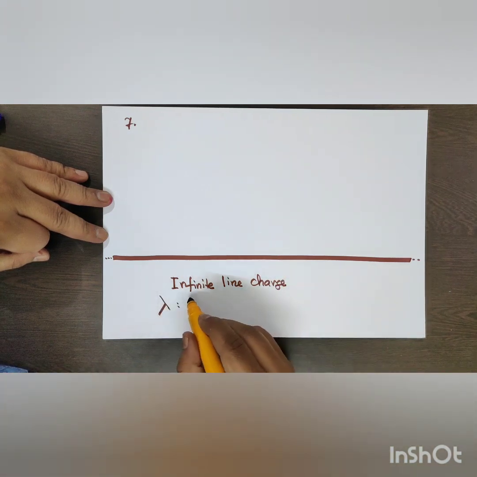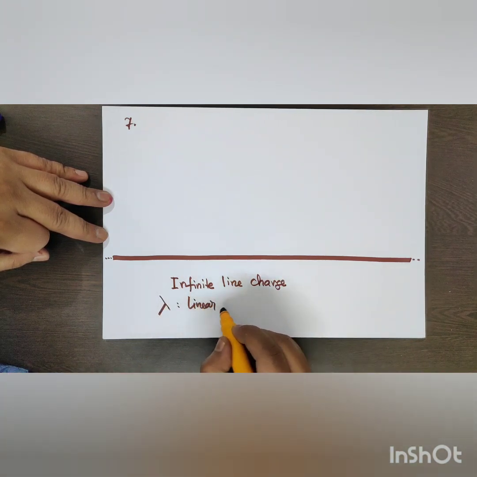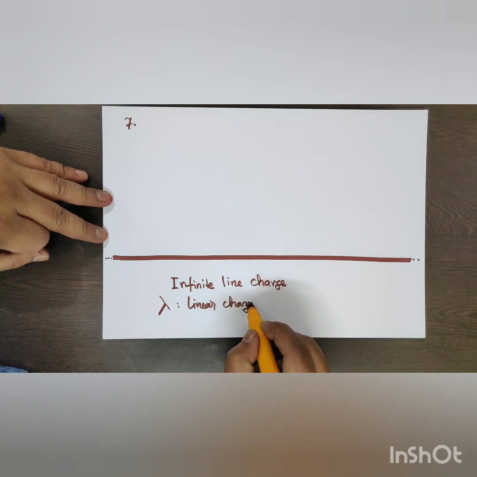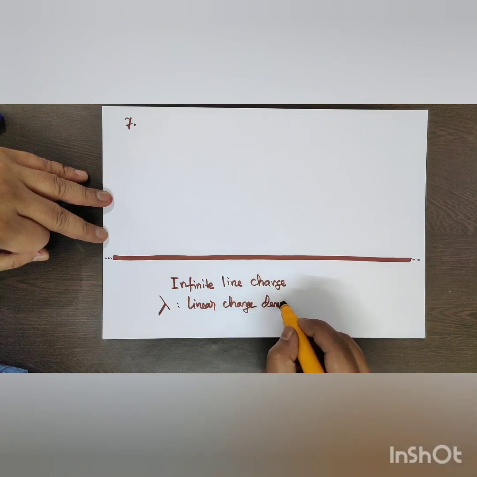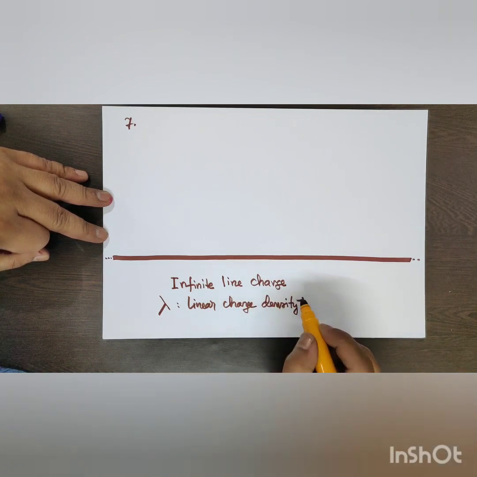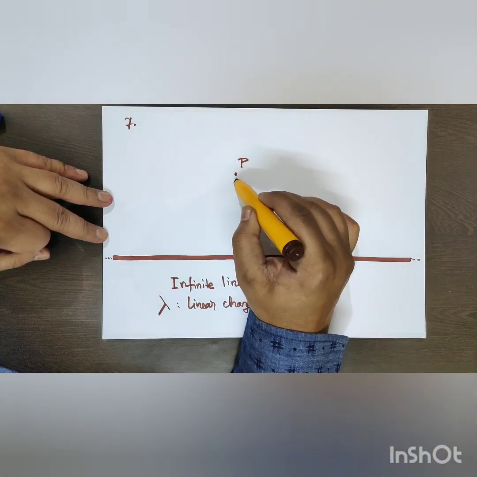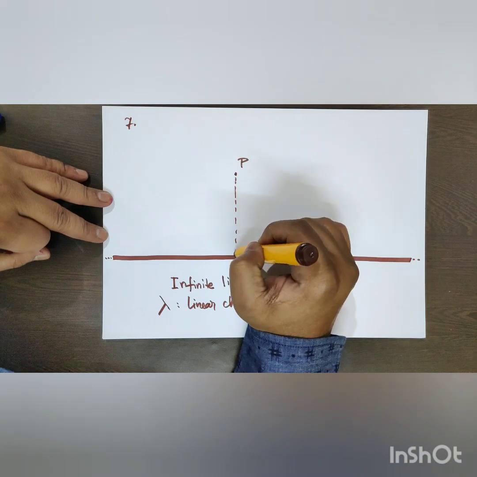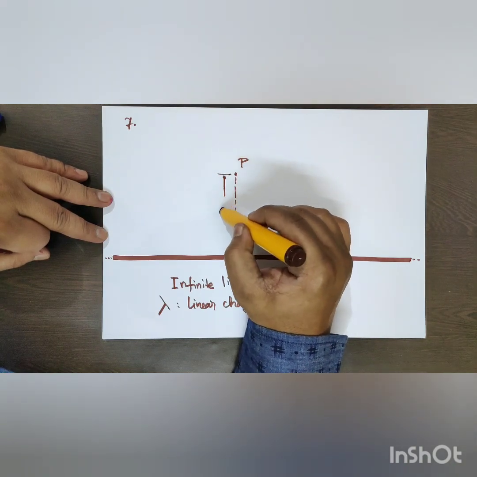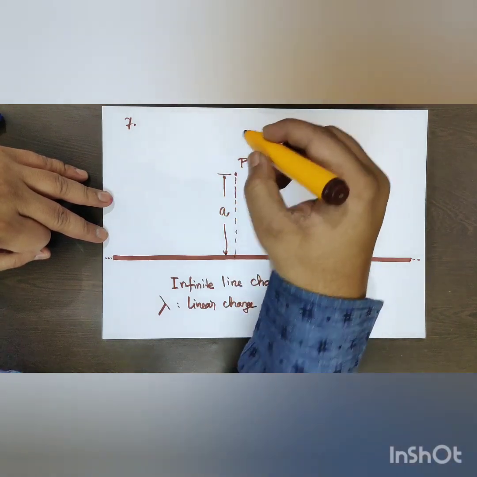Lambda is the linear charge density. Linear charge density means this charge by length. Okay, now at this point P, at a distance a, you have to calculate the field.